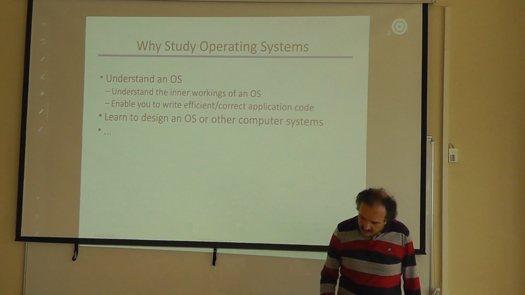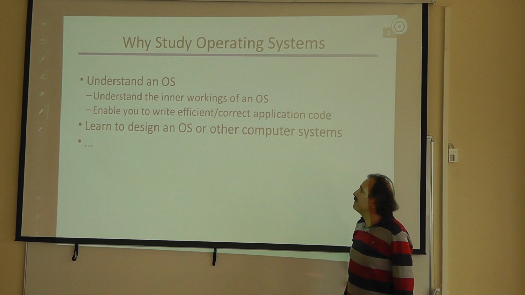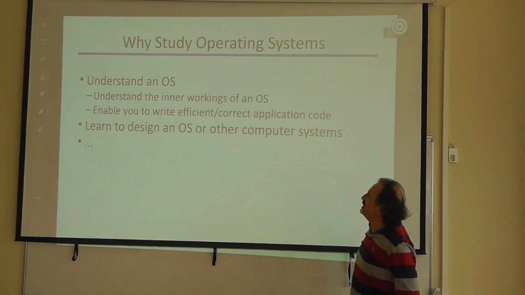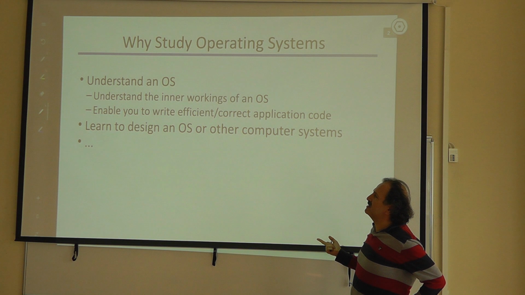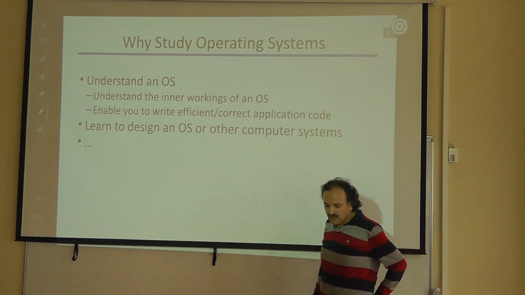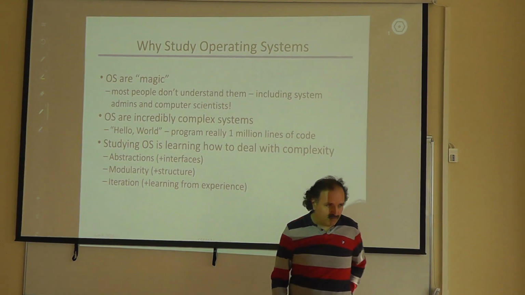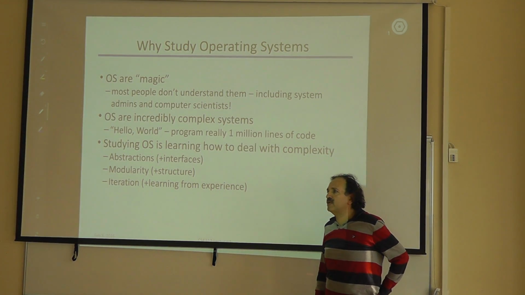When I say understanding an operating system, we mean understanding the workings of an operating system, and also understanding what an operating system really is. If you understand an operating system, then you will start writing very efficient and correct application code. If you know what is working underneath... to write this Hello World program, you don't need to know any operating system internals.